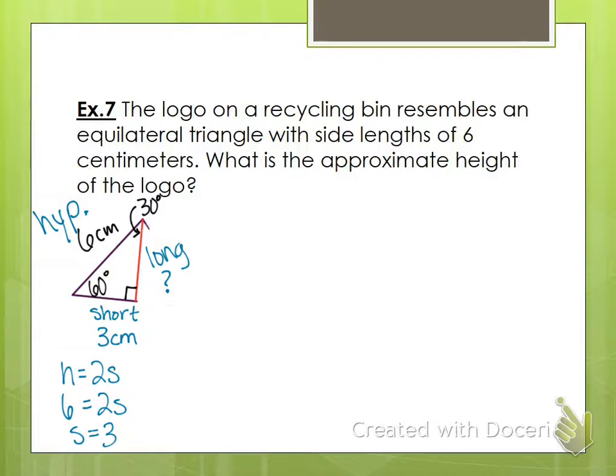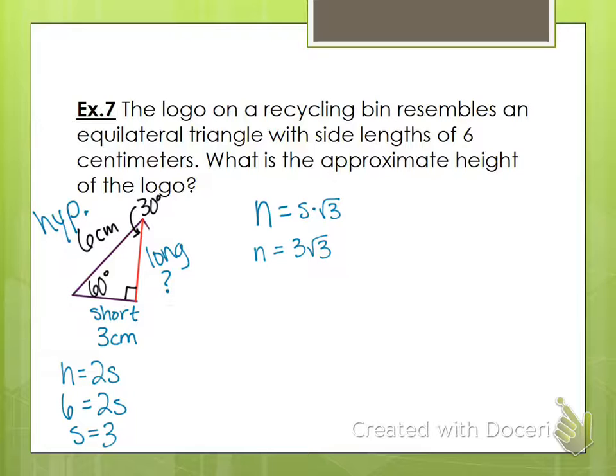So if you didn't remember your perpendicular bisector information from last semester, you could still find that the short one is 3 centimeters. And we need the short one in order to find the long one, because our other formula is that the long one is equal to the short one times the square root of 3. So we just plug in that 3, we get 3 root 3.